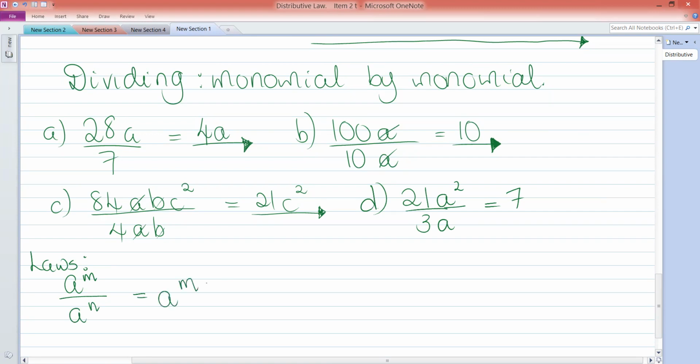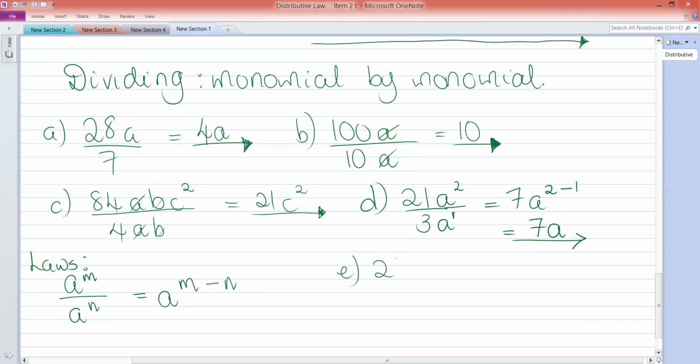What do I do next? Minus n. Right. That means we have to do the same thing here. So it's going to be 2 minus 1 because you have an invisible 1 there. So simplify that. You're just left with 7a to the power of 1. We can just write it as 7a. Okay. Right.